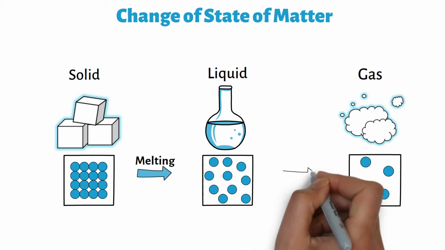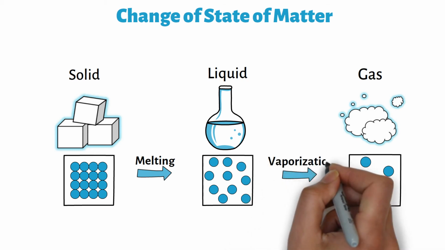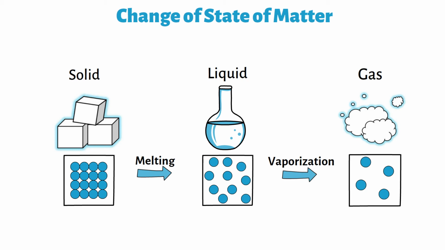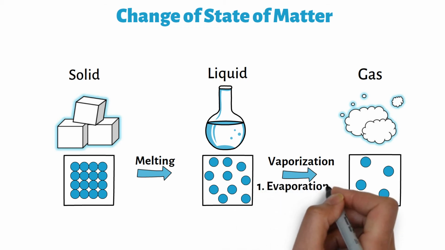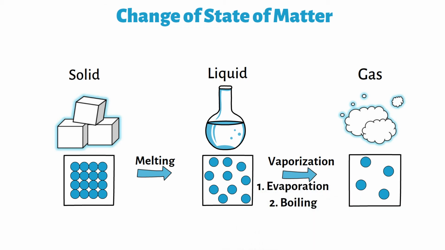The process of transition of a substance from liquid to gas is called vaporization. Boiling point is the temperature at which vaporization of a liquid takes place. There are two forms of vaporization: evaporation and boiling.